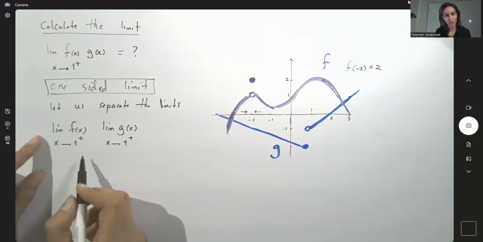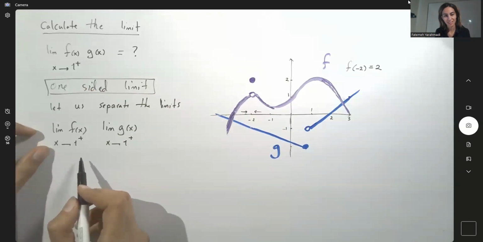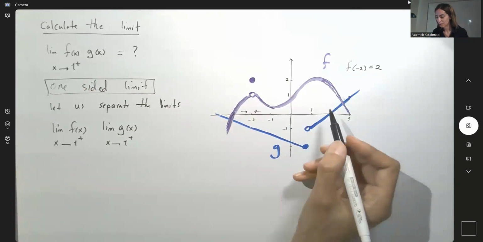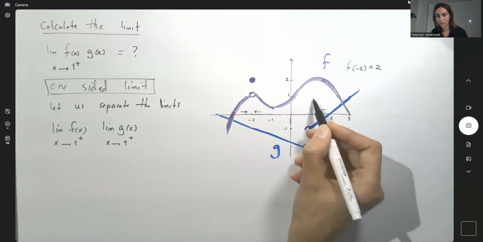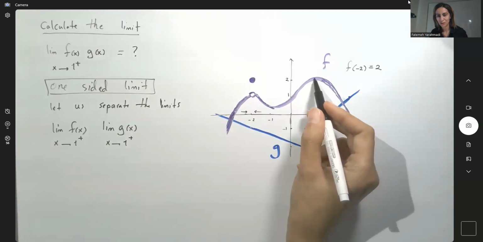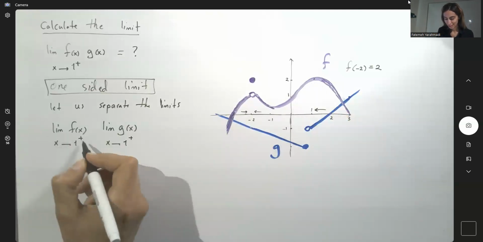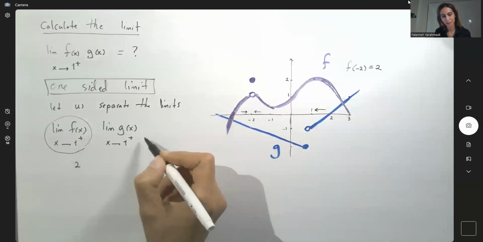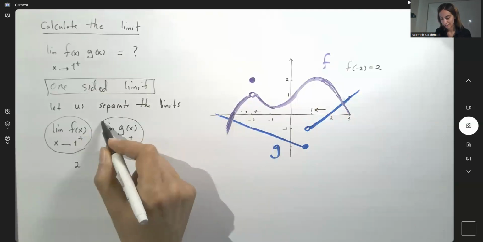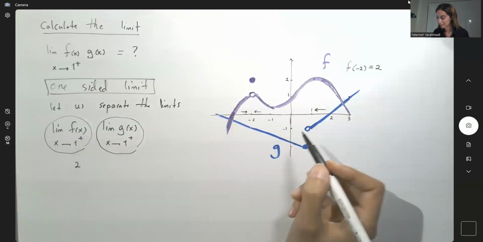Let's start by calculating the limit of f of x as x approaches 1 from right side. We are getting closer and closer to 1 from right-hand side of 1. So the y value that you have is 2. This guy is equal to 2. Multiplied by the limit of g of x as x approaches 1 from right side.